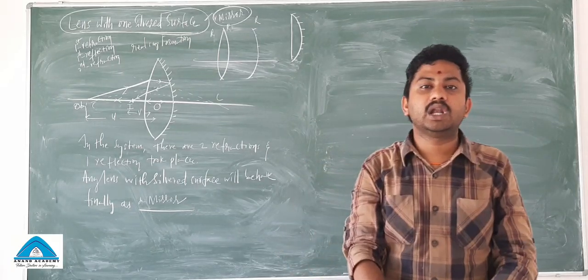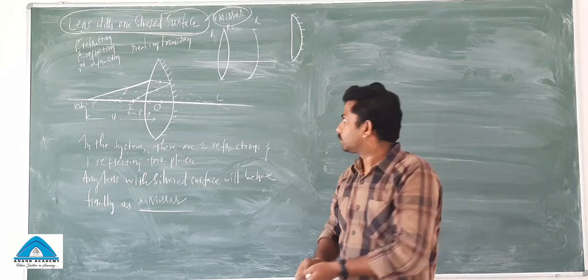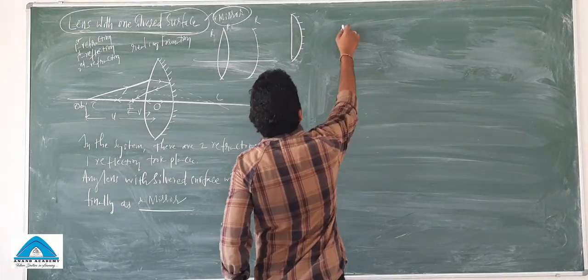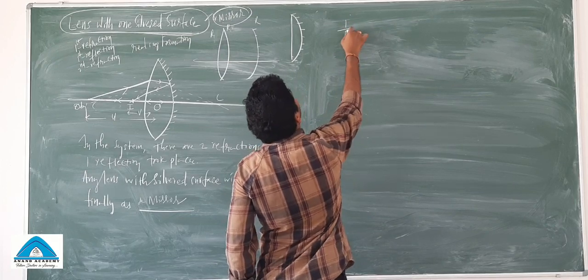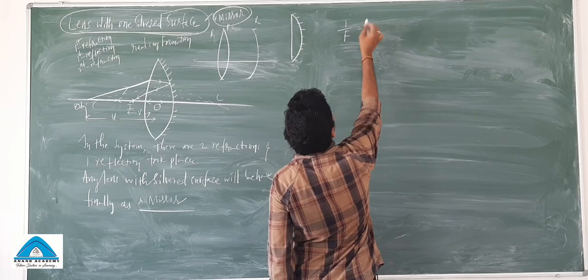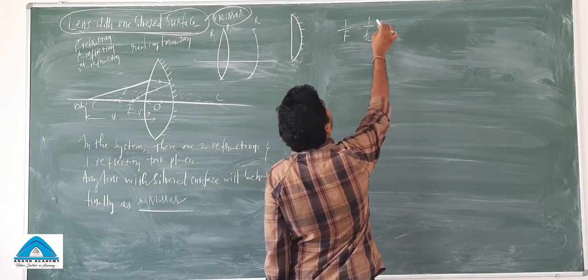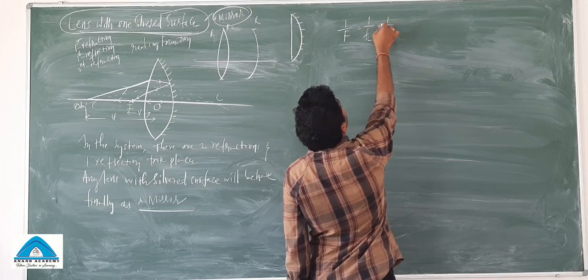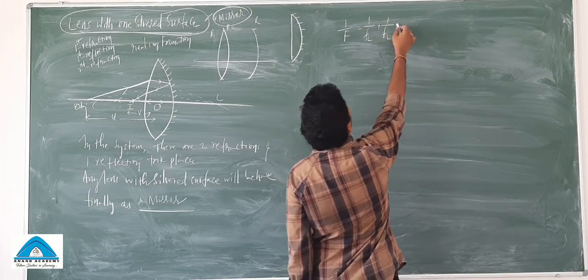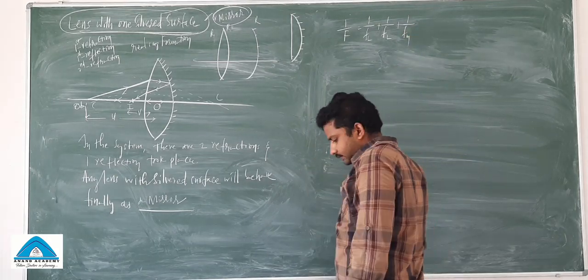What is the formula to find the focal length of the system? 1 by focal length of the system is equal to 1 by focal length of the lens plus 1 by focal length of the lens plus 1 by focal length of the mirror.